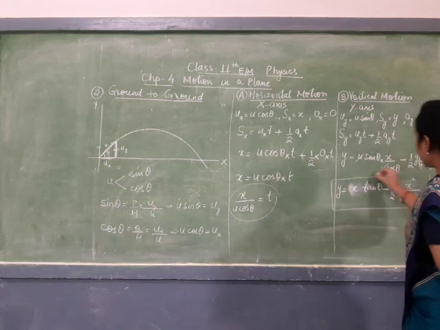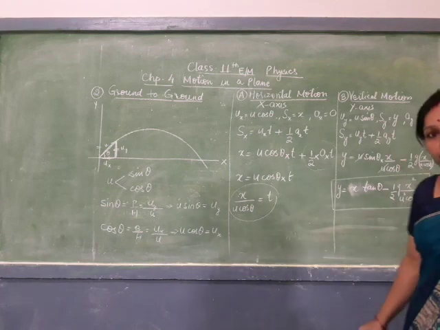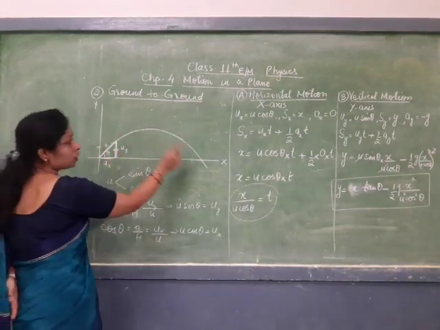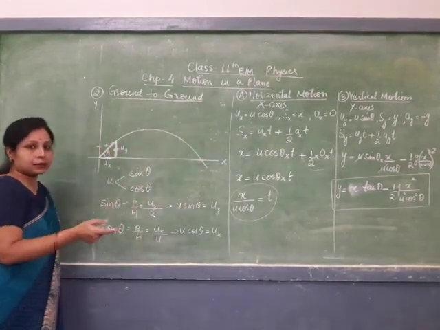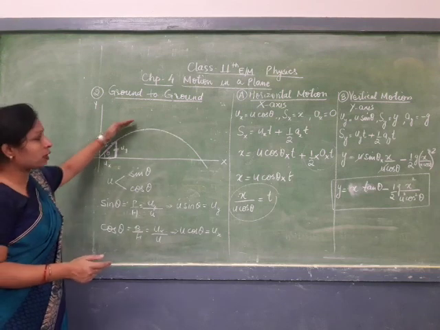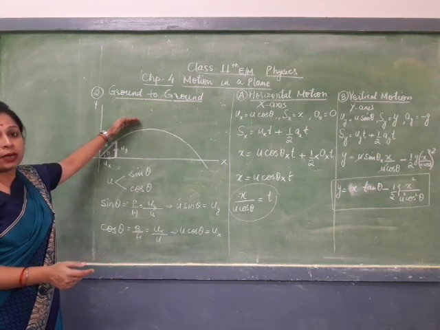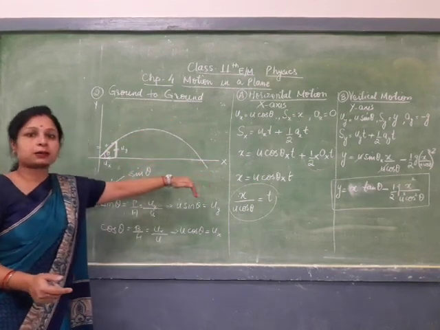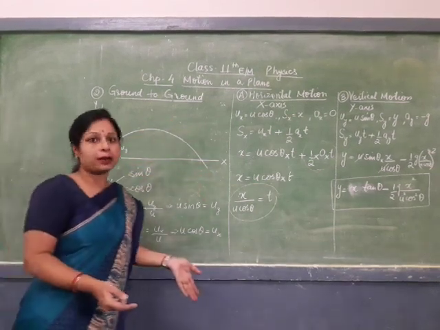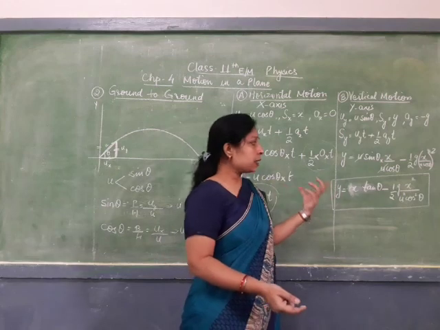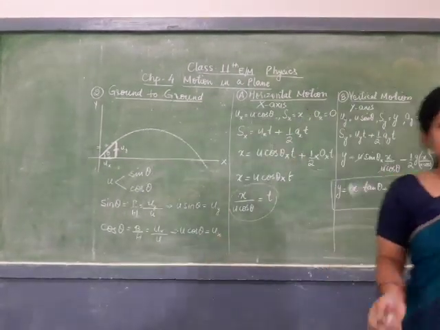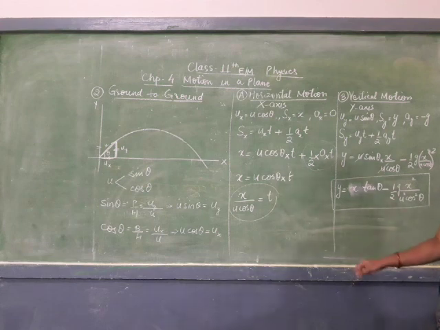So this is the second equation, where a body is moving from ground to ground level. In this case, first the body moves upward, opposite to acceleration due to gravity, and then it comes back to earth, that means it is coming towards the gravity. So it will have two components, sin theta and cos theta, with respect to your initial velocity.